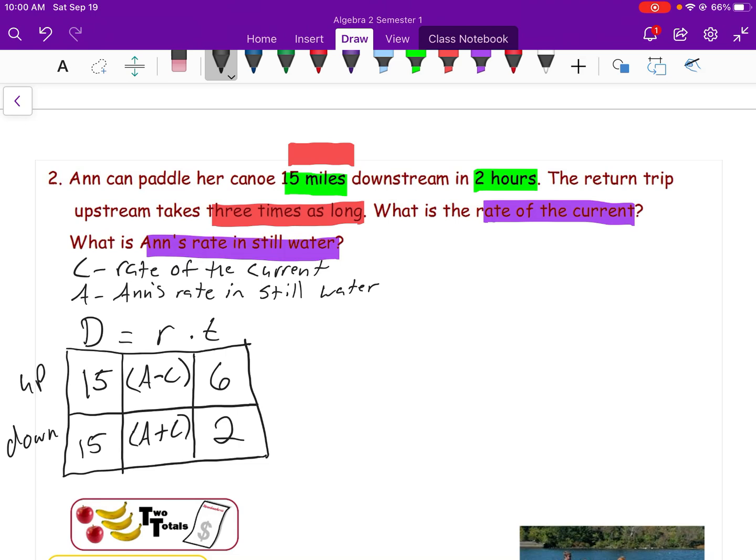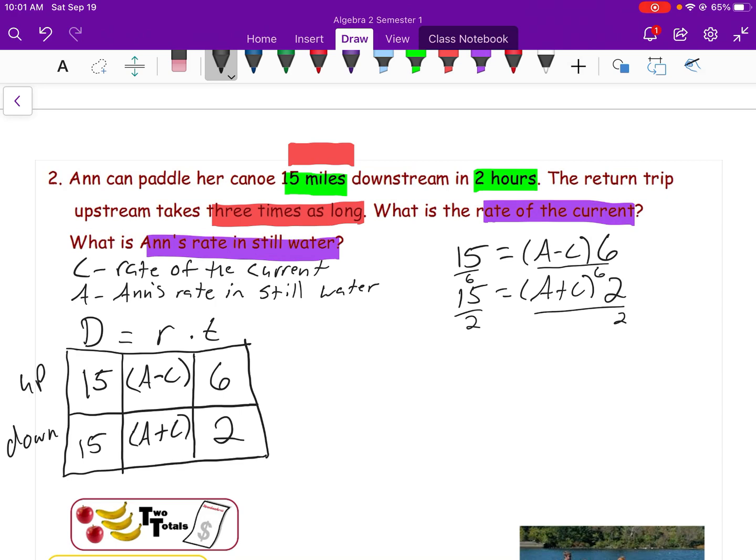So our two equations in this case are 15 equals (A minus C) times 6, and 15 equals (A plus C) times 2. Now, to make this easier, I'm going to divide the top equation by 6 on both sides, and the bottom equation by 2.